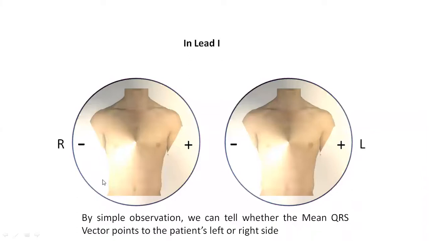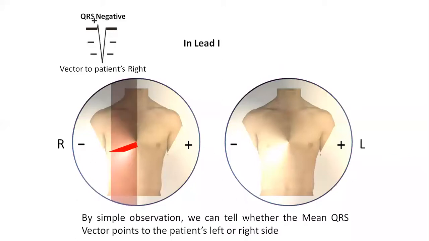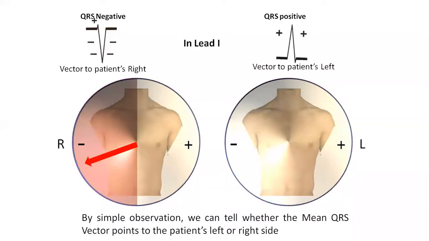Till now, in lead 1, by simple observation we can say whether the mean QRS vector is pointing towards the right side or the left side of the patient.